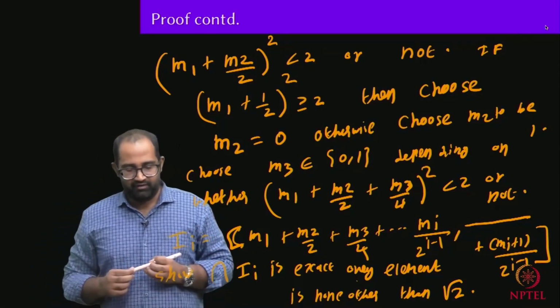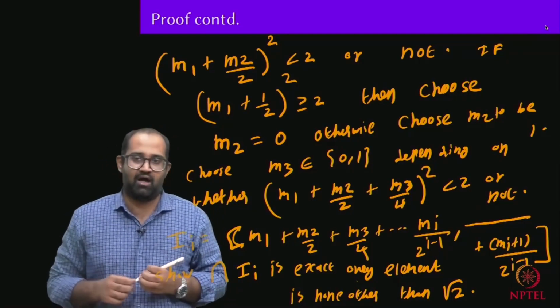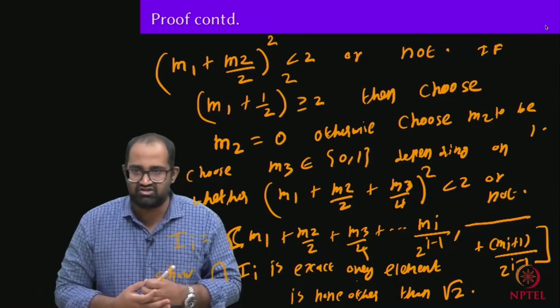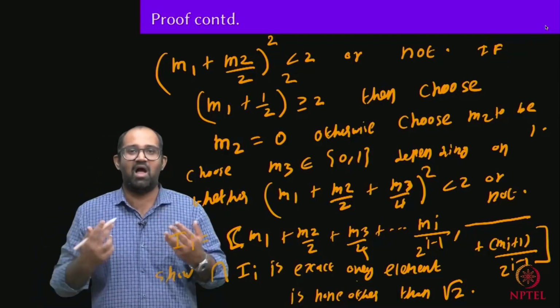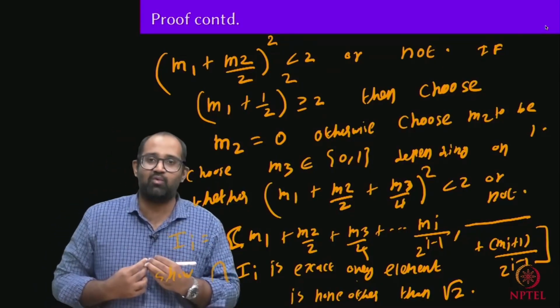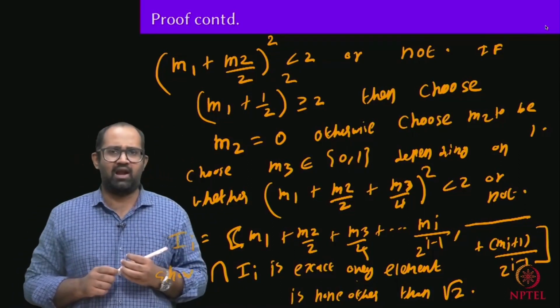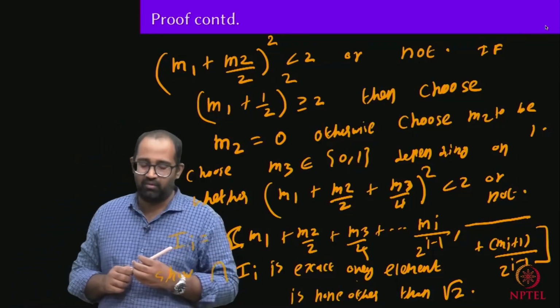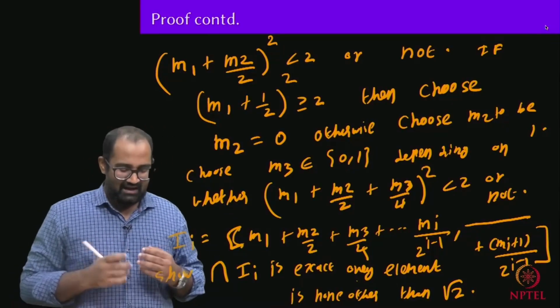A rabbit proof is where you pull out some arbitrary numbers out of a hat, like a magician pulls a rabbit out of a hat. So if you have time, look at the proof of the same fact that the square root of 2 is there in the real numbers, from chapter 1 of Walter Rudin's book. He will pull out a rabbit. So it will be a rabbit proof.